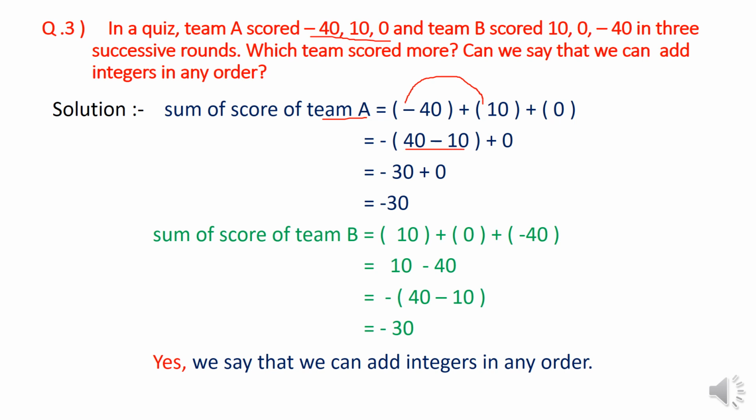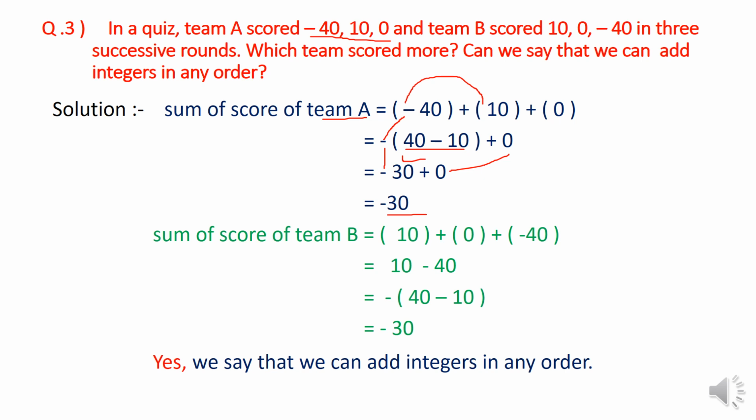The difference will become 30, but 40 is the greater number and has the sign minus, so this sign will come with 30. So, this will become minus 30 and here 0 will be as it is. Now, you know if you add 0 to any integer, you will get the same integer. So, the sum of the score of team A will be minus 30.